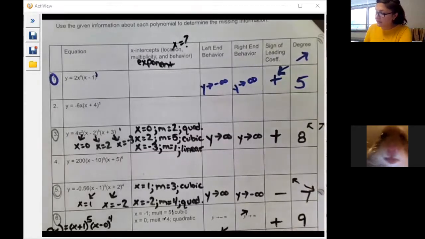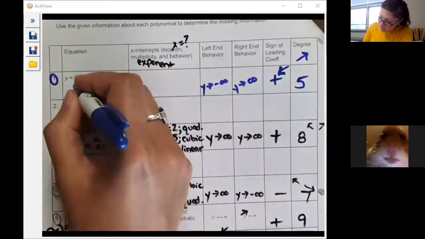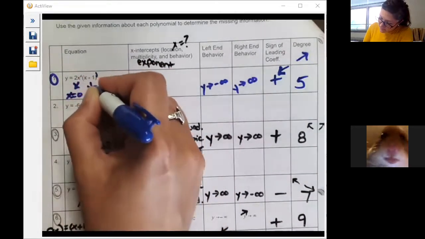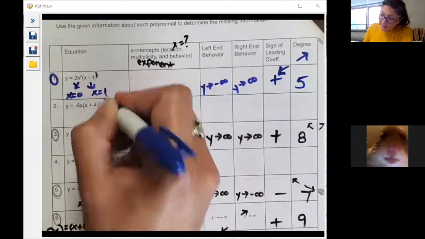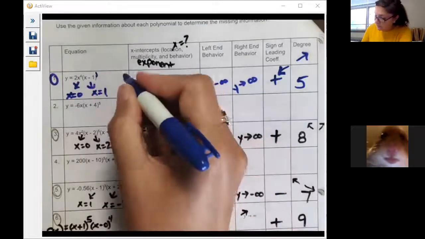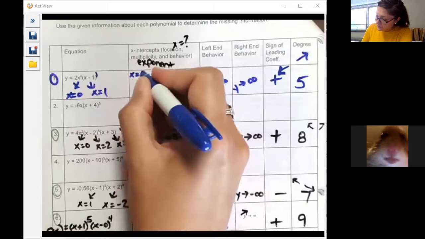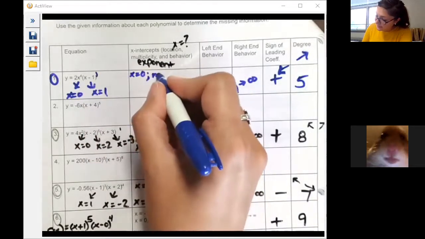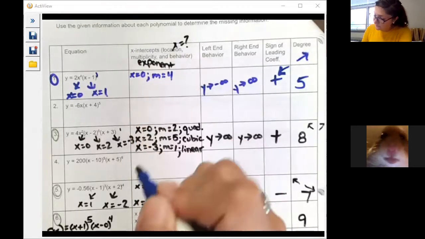For my x-intercepts, I would have an x-intercept at 0 and at 1. So where x is 0, the exponent or the multiplicity is 4.